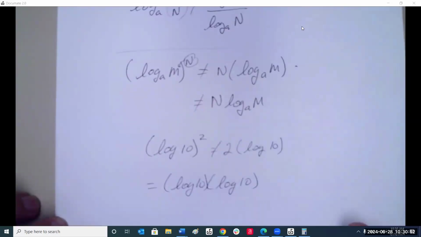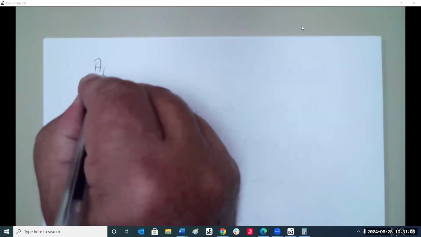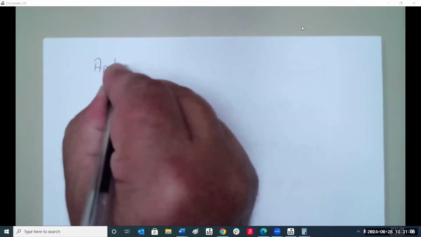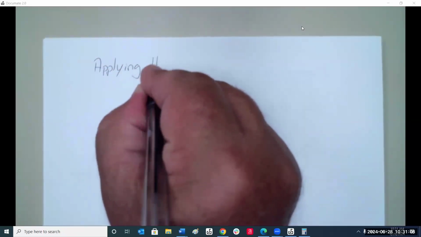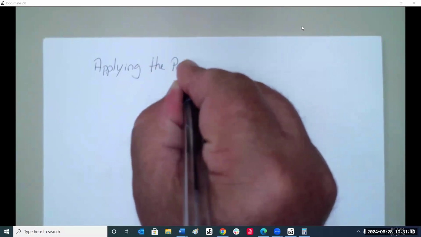All right, let's start practicing using these properties. Applying the properties.